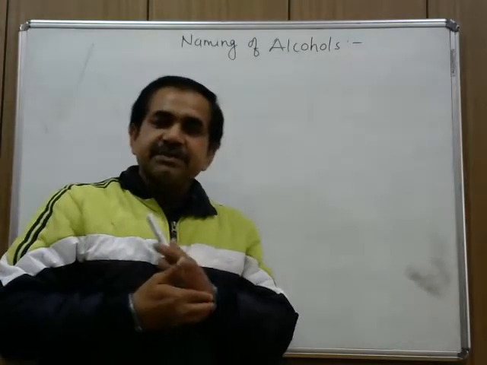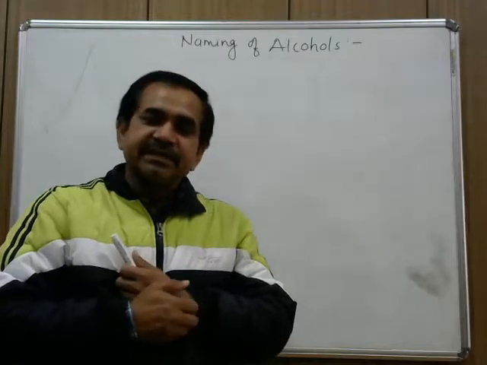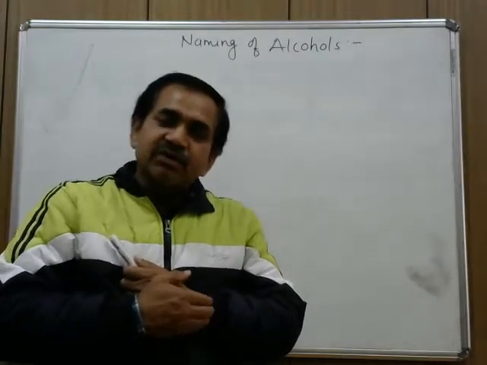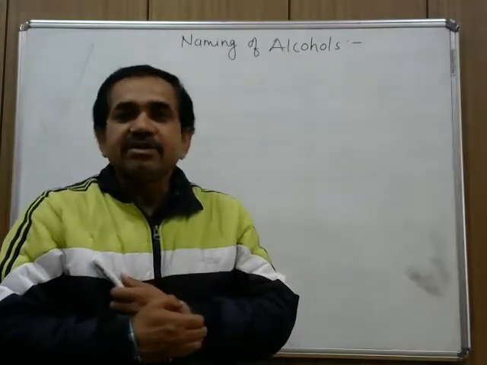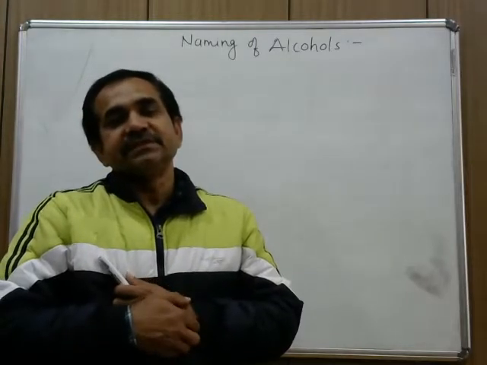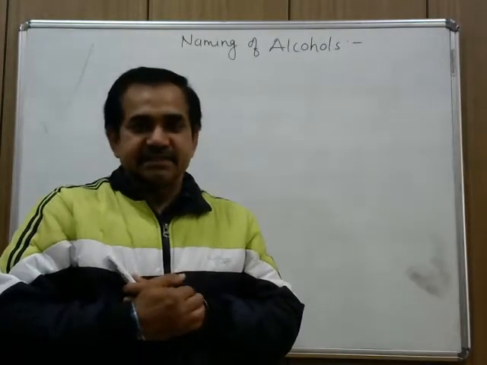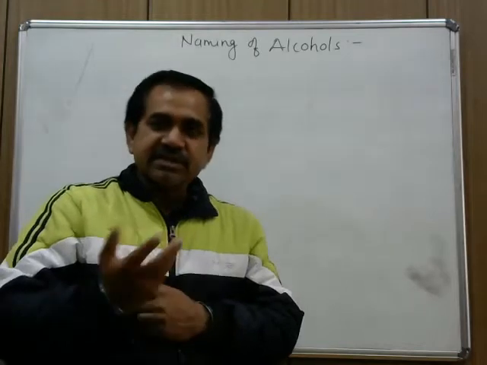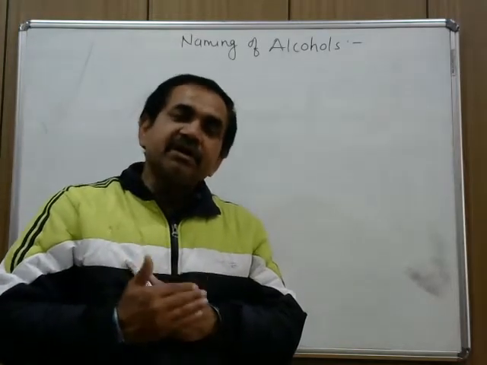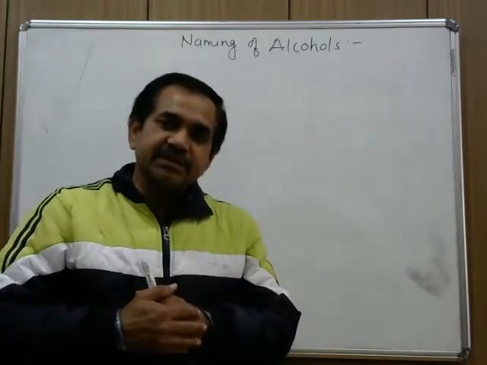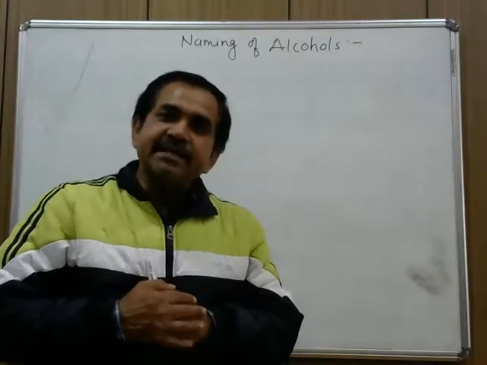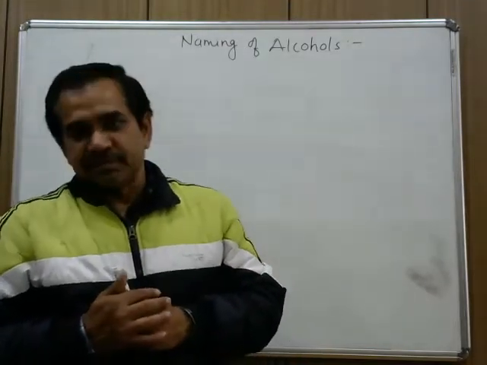What are their types? How are they named, etc. Alcohols are hydroxy derivatives of alkanes. Hydroxy derivative means one or more hydrogen atoms from an alkane is replaced by an OH group.